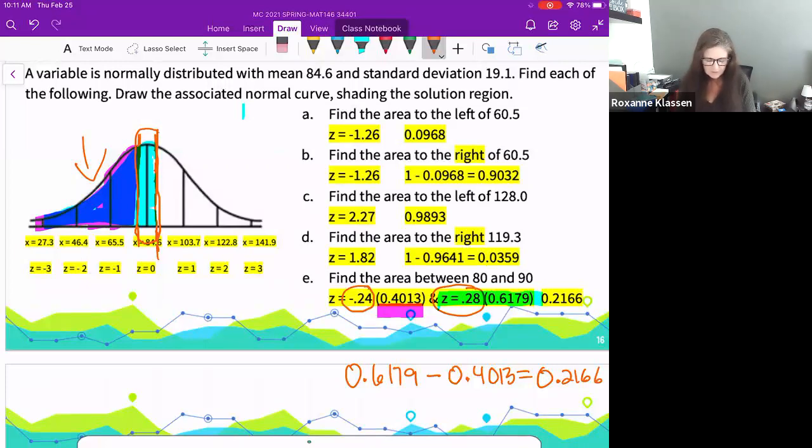Because if I have the area to the left of this and the area to the left of this, but I want the difference between them, I'm going to subtract them. So that's the most complicated part of this. It gets complicated when we try to find the area in between. But if you shade, it might help you. Okay.